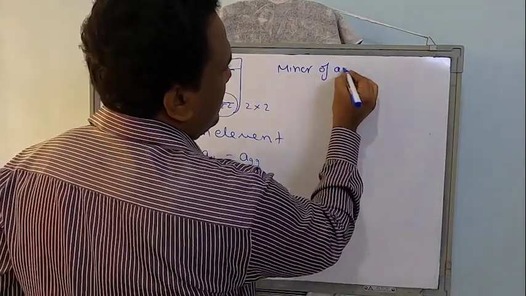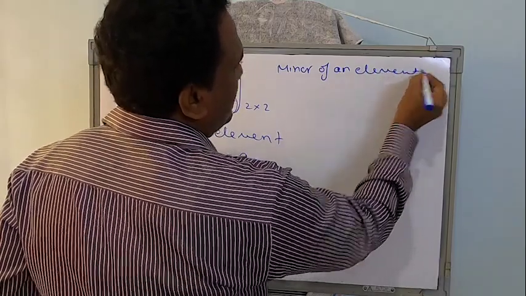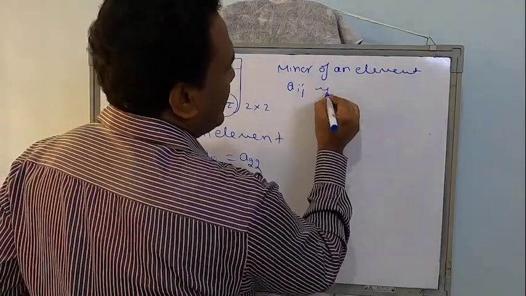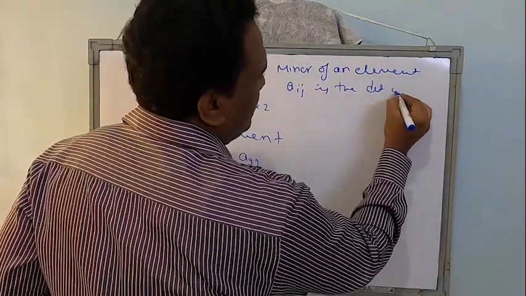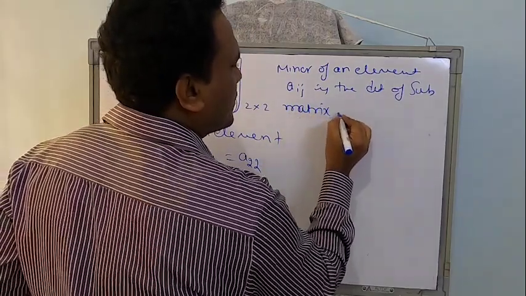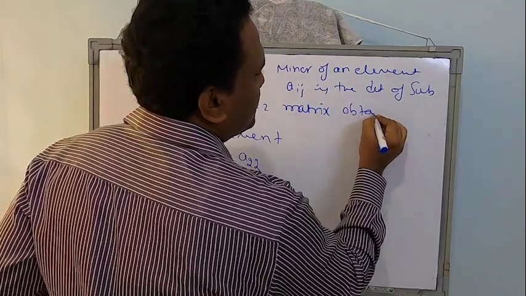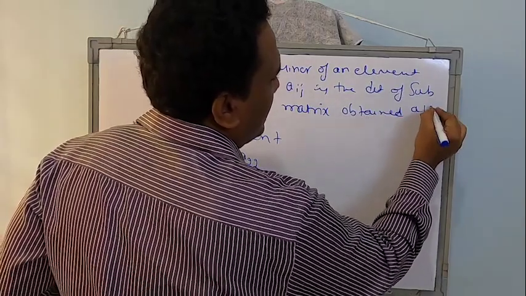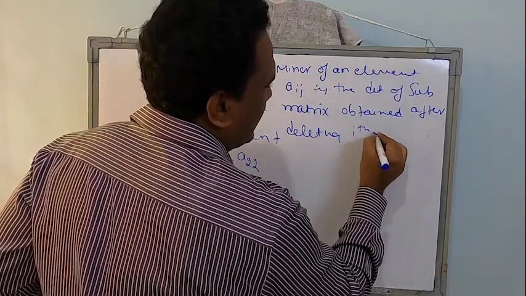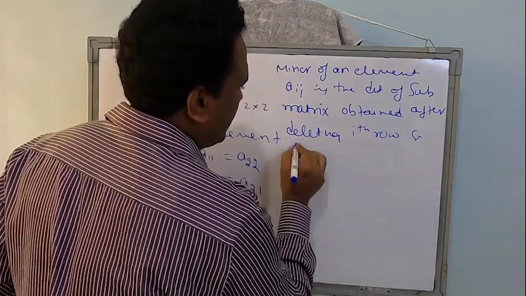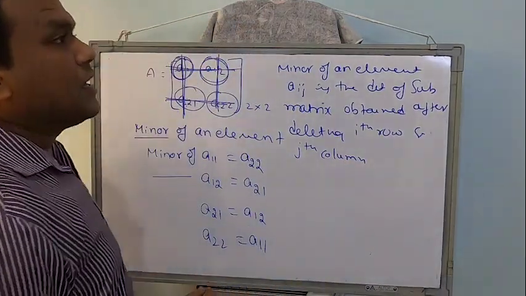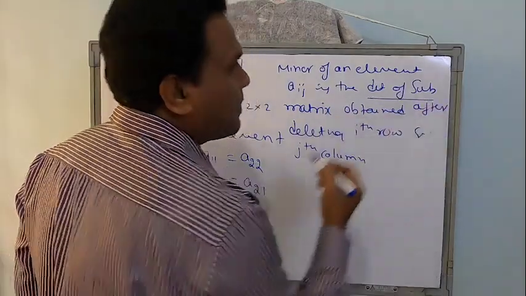Minor of an element, for example, the element Aij, is the determinant of the submatrix obtained after deleting the ith row and jth column. Observe the definition carefully. It is the determinant of the submatrix obtained.